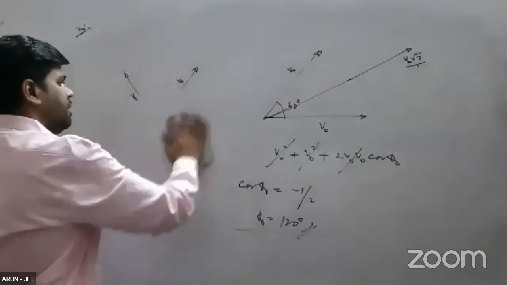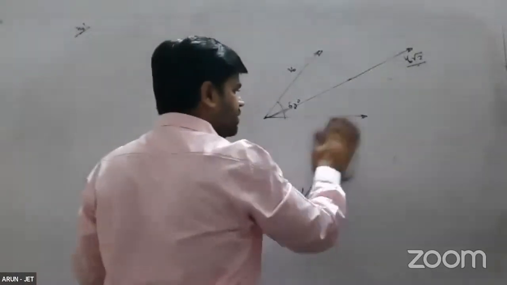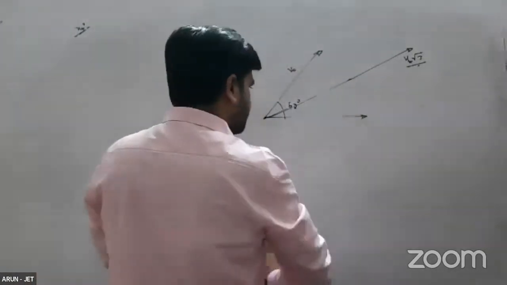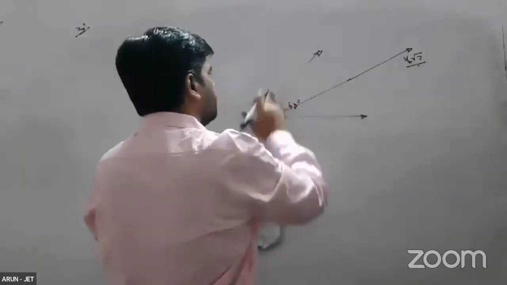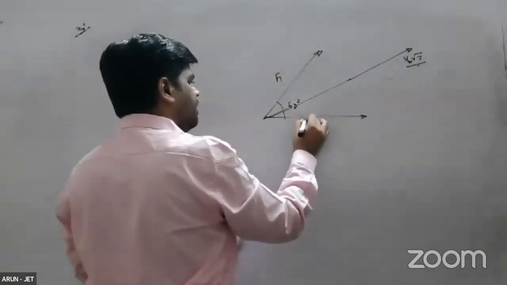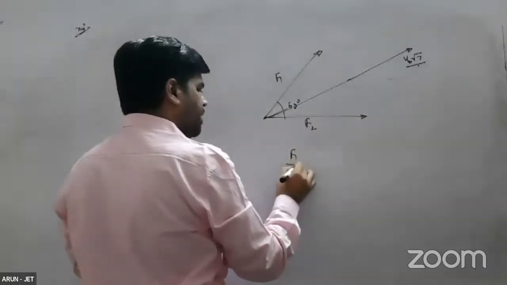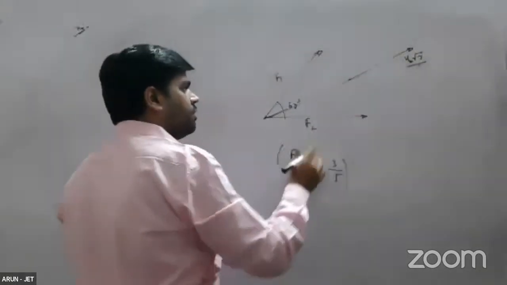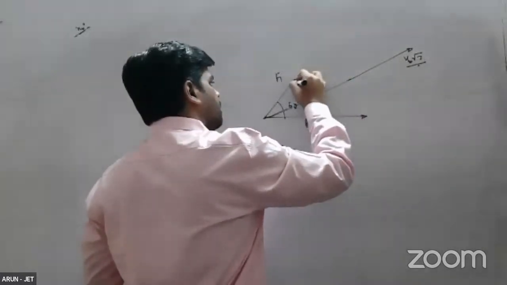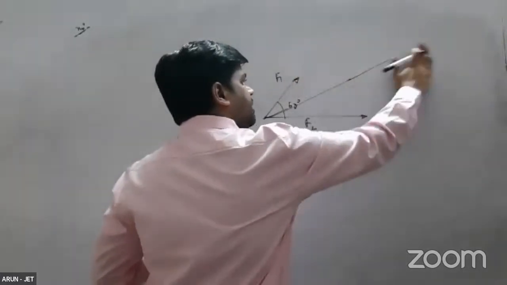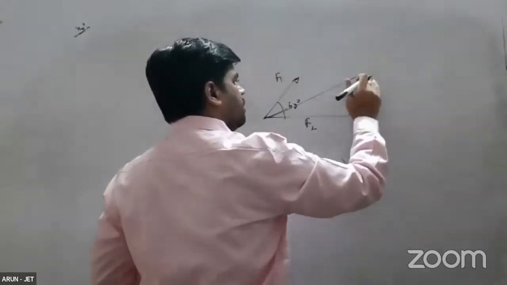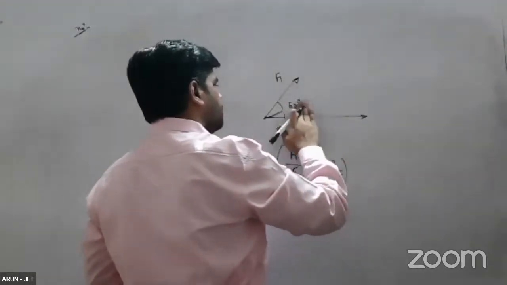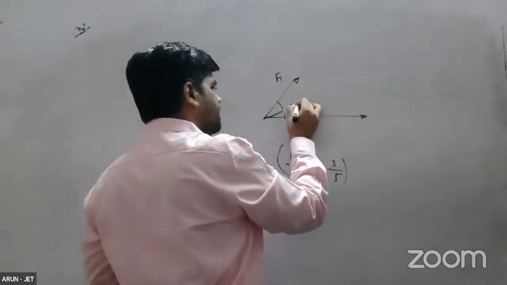The next question says there are two vectors whose magnitudes are in the ratio of 3 is to 5. Let's say F1 by F2 is 3 by 5, and the angle between them is 60 degrees.